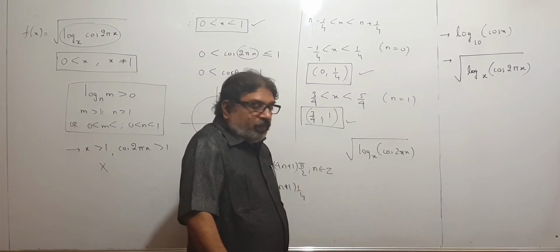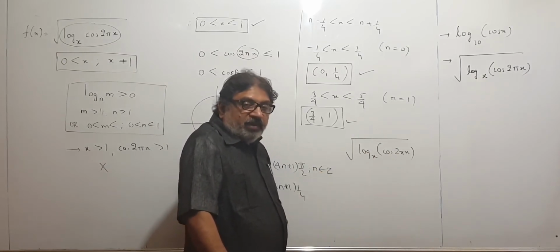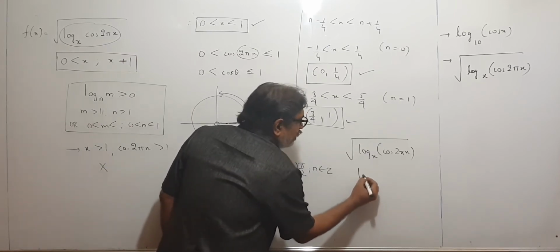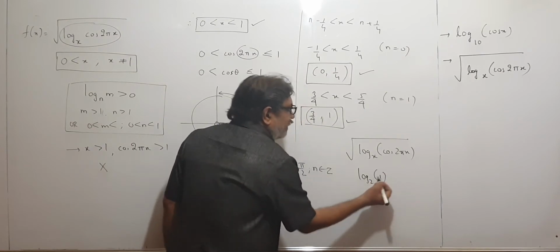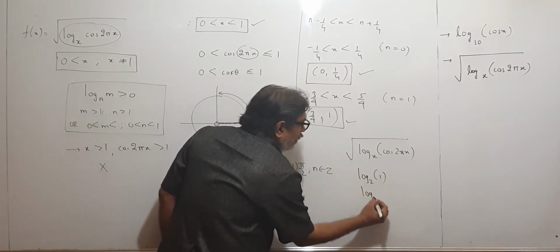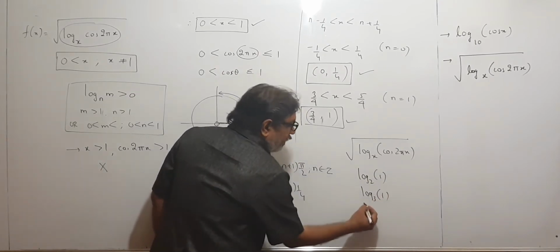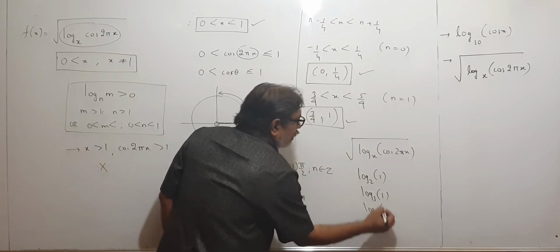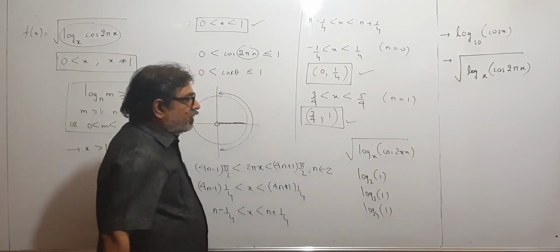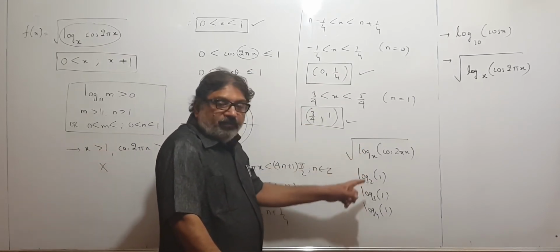If I take x as 2, this will be log base 2 of cos 4 pi. Cos 4 pi means 1. So if I take x as 2, this will be log base 2 of 1. That is defined. If I take x as 3, then log base 3 of cos 6 pi, that is 1. That also is defined. If I take x as 4, cos 8 pi, that is 1. That also is defined.